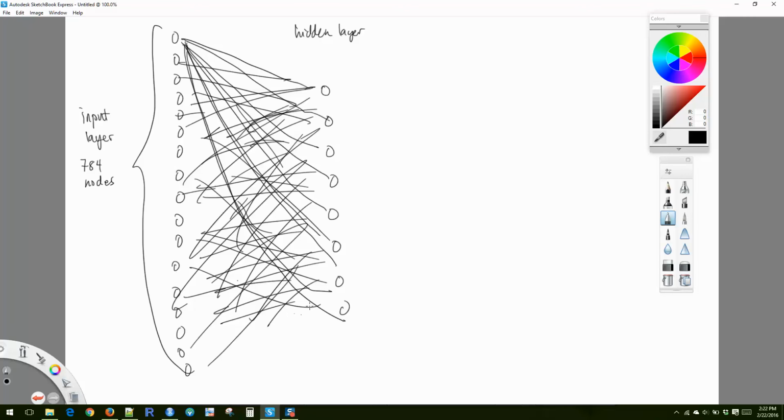And then our output, we have a few choices. We could have one output going 0, 1, 2, 3, 4, 5, 6, 7, 8, 9.